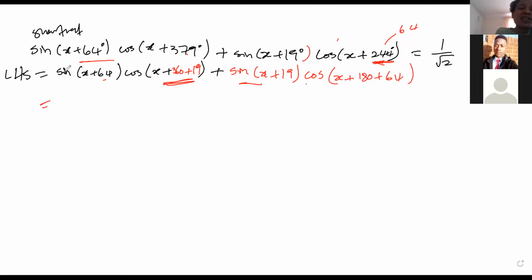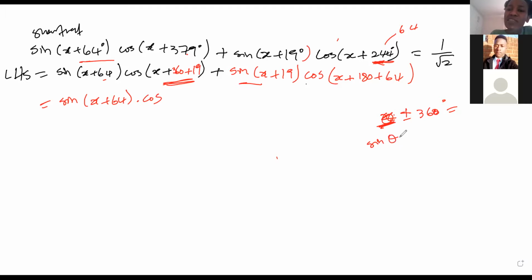Then I have sine(x plus 64). Something that I forgot to mention to you guys: every time you add or minus 360 degrees, let's say you have a theta or x here, it does not change the sign of that function.